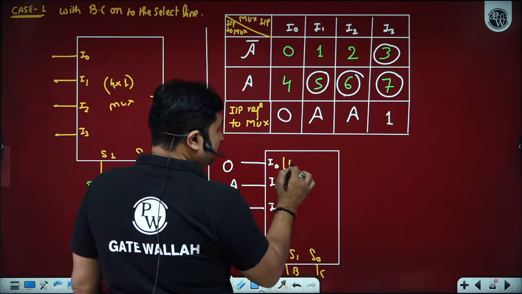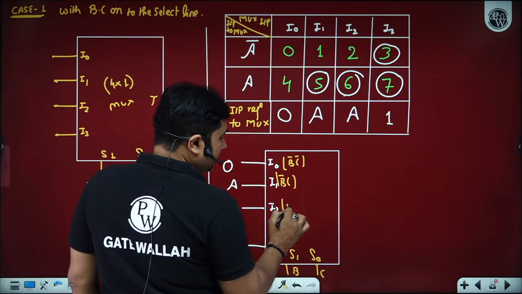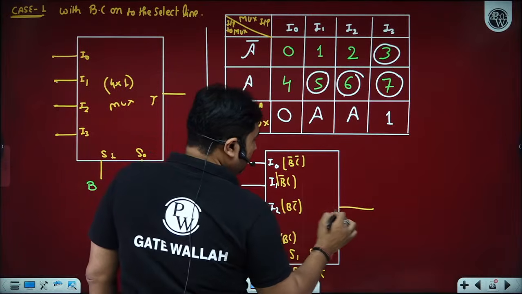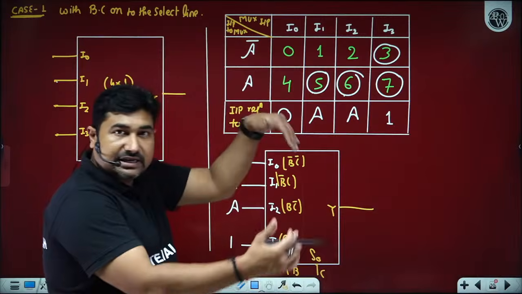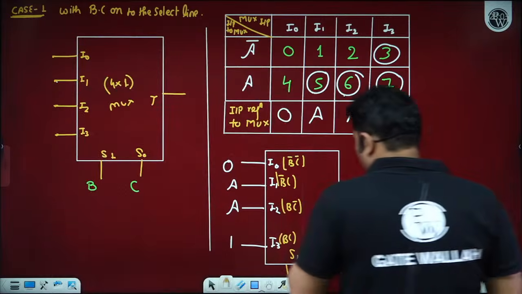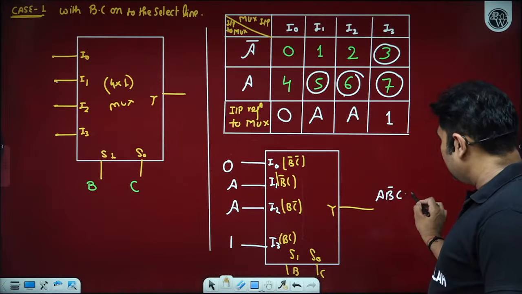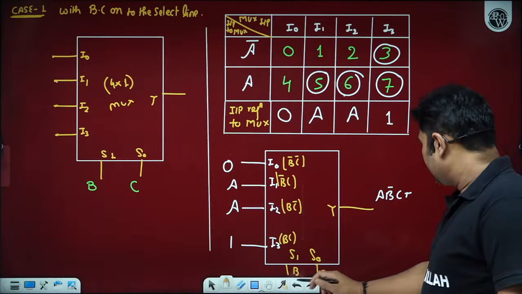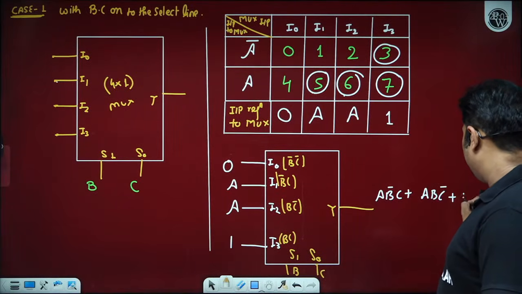So because of the select line, we have B bar C bar, B bar C, B C bar and BC. Now, we all know that this is going to be multiplied with the input pins and the entire thing is going to pass through the OR gate. So we are getting onto the output Y: the first one is multiplied with 0, so 0 only, plus A B bar C, plus A B C bar, plus BC.